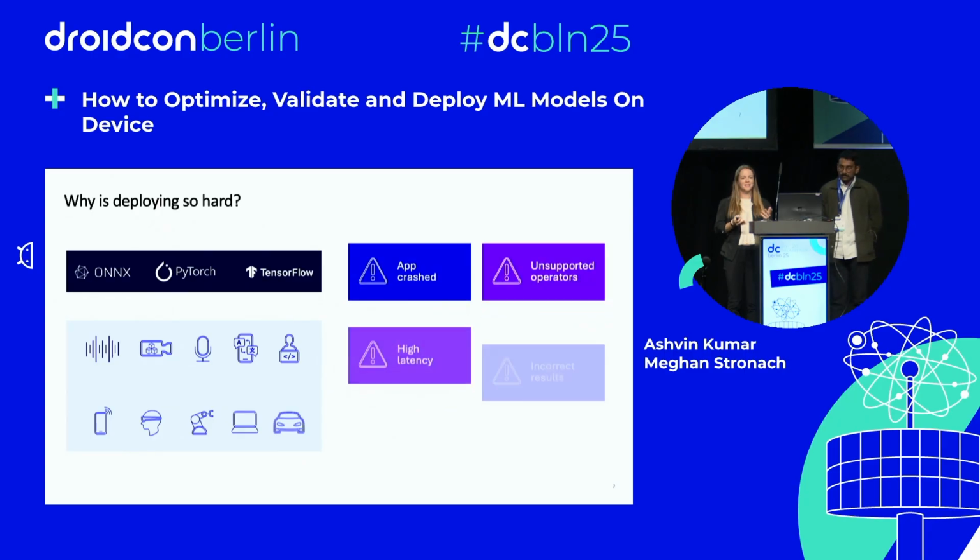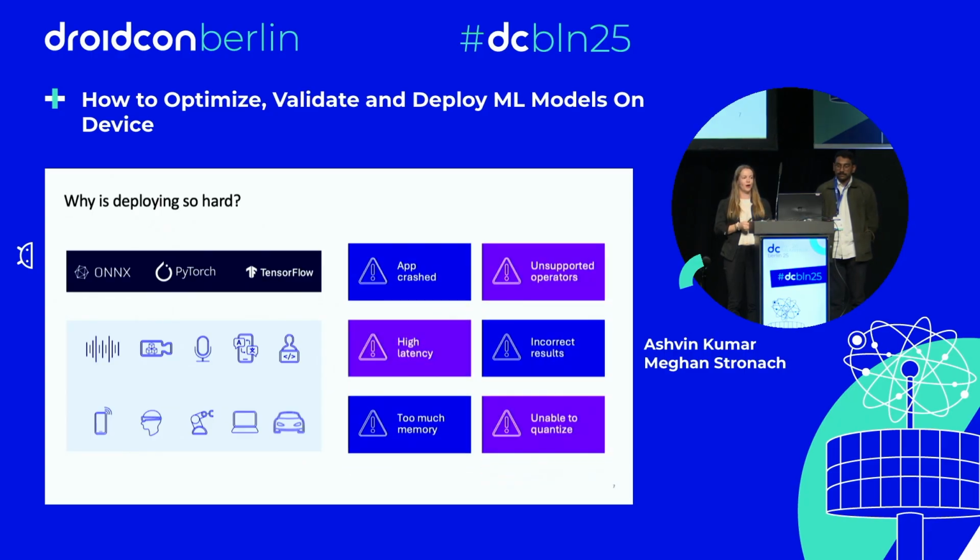So why is deploying on device so hard? Right now, it's a bit of a complicated problem if you try to solve this on your own, because there are different frameworks that you could use. You could have your machine learning model in TensorFlow or PyTorch or ONNX, and then you have to figure out what ops each of those platforms support, and then you have to try to bring it to the device depending on which runtime you're using.